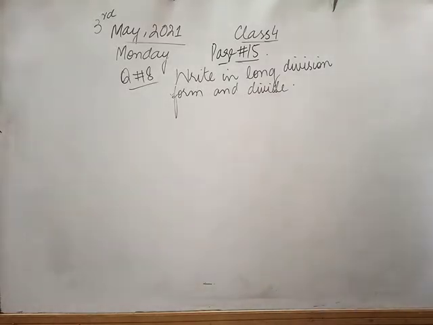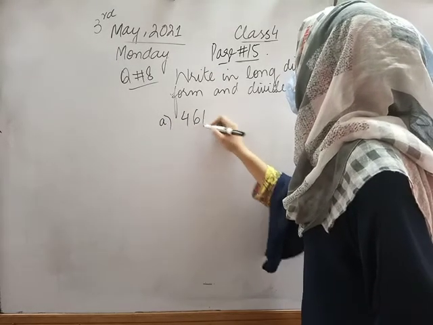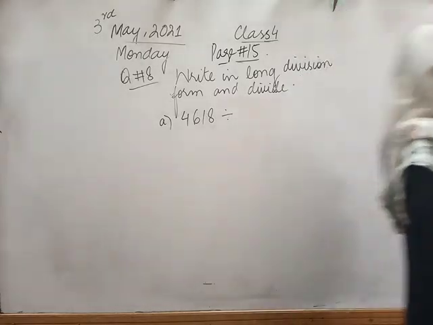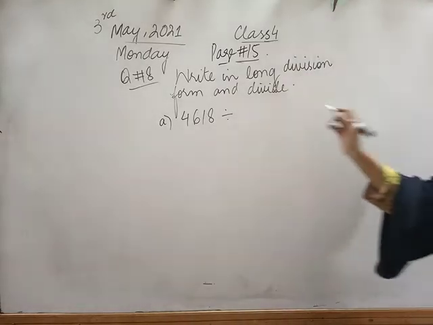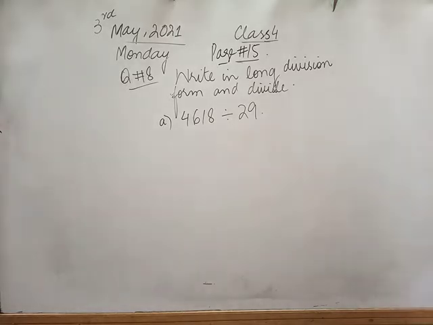Okay. So we have part A. 4618 divided by 29. So who will tell me which is the dividend in this and which is the divisor?